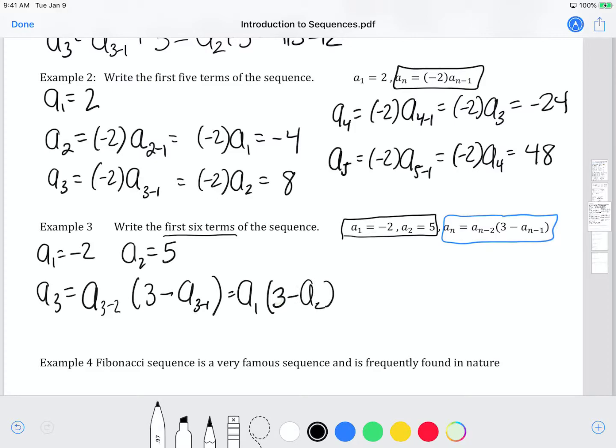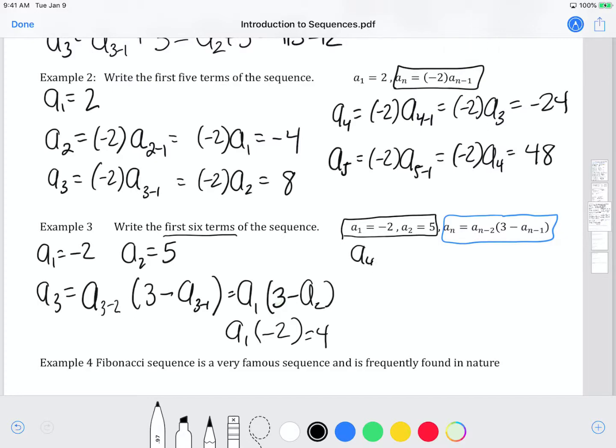So I'm going to take a1 times 3 minus a2. a2 is 5. So I have a1 times 3 minus 5 is a -2, and a1 is -2. So I have -2 times -2, which is +4.